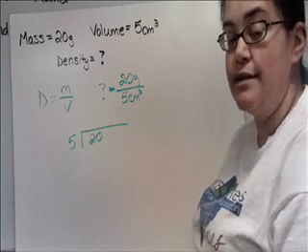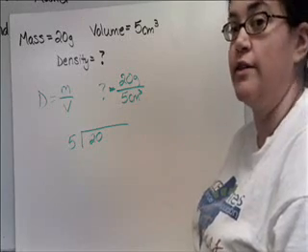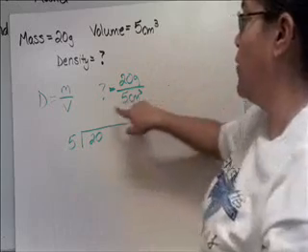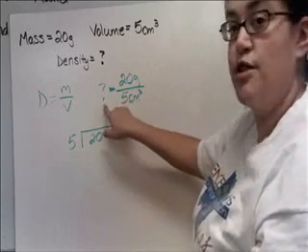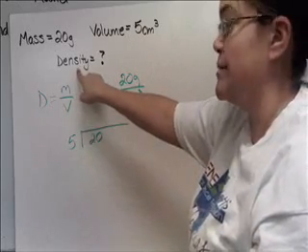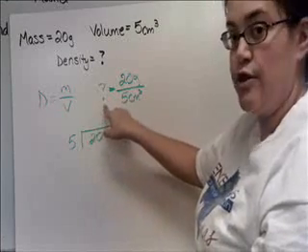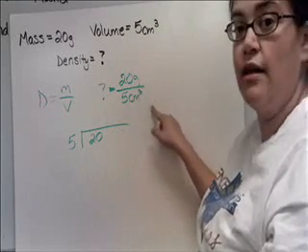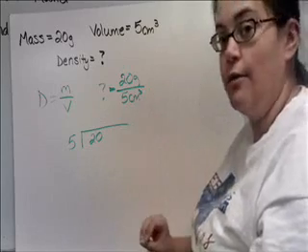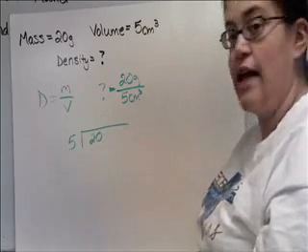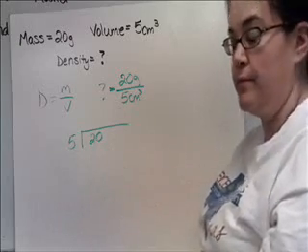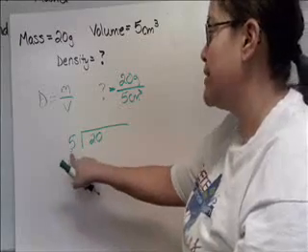When you figure density on your scratch paper or on the quiz or on test, I want you to set it up both ways. I want you to set it up with the formula, you put the question mark for the information you're missing, so you're missing density here, you put the question mark, and then I want you to set up the fraction, the formula, like this. I also want you to set up your division house so you can make sure you have your numbers in the right spot. Okay.